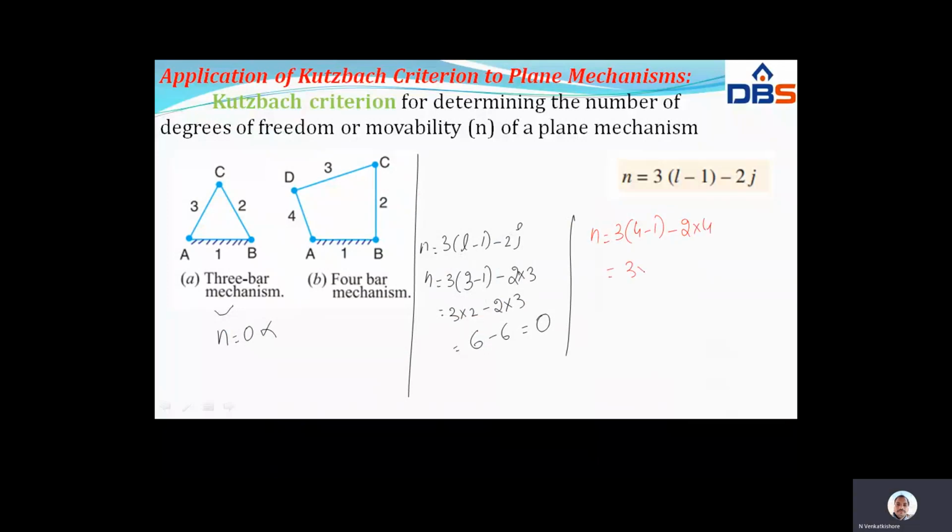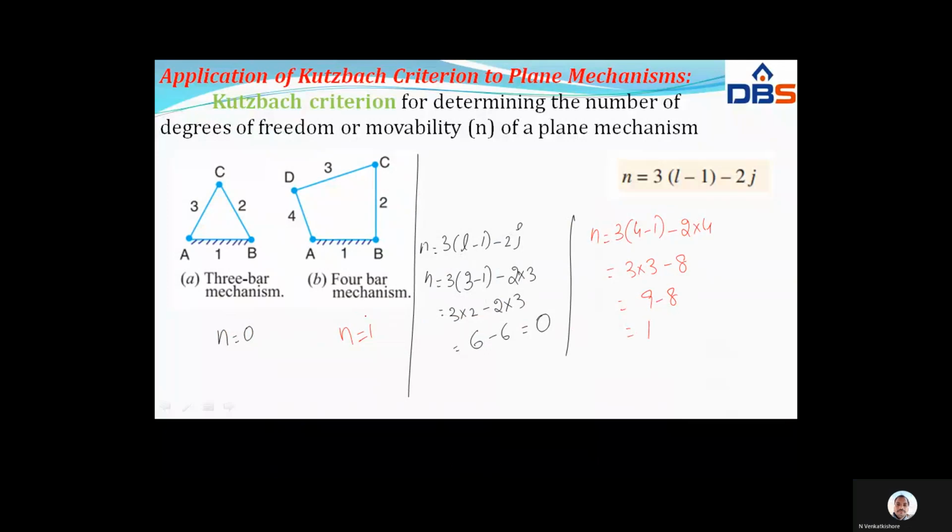So 3 into 3 minus 4 into 2, that is 9 minus 8, which equals 1. So for this case, n equals 1. These things we will discuss at the end of this session.